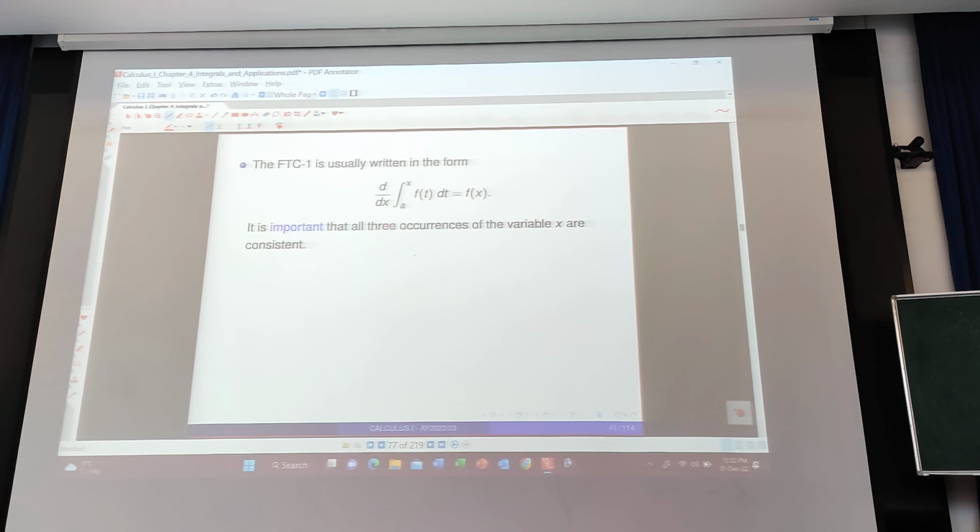How many x appears here? 3 times. 1, 2, 3. Should be the same. X này và x này phải là một. Các em chỉ biết hai cái giống nhau, một cái thứ ba khác đi là em sai.